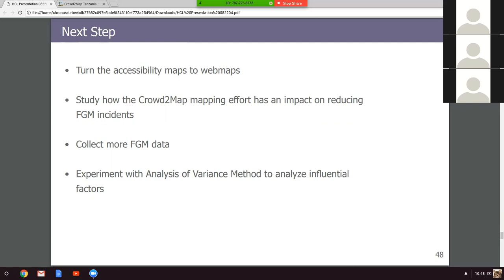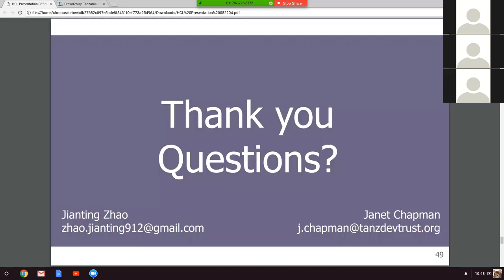And also, it would be nice to study how the Crowd2Map mapping effort has an impact on reducing FGM incidents. And third, definitely collect more FGM data. And finally, it's possible to experiment with various methods to analyze influential factors. Thank you very much, and I welcome any questions.